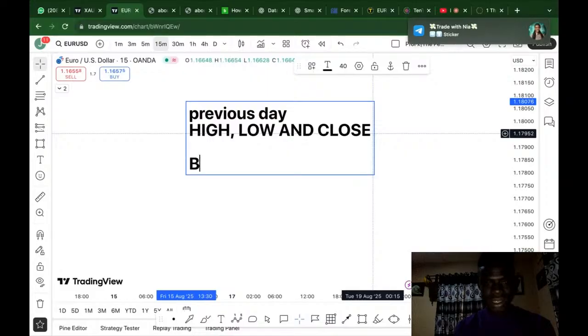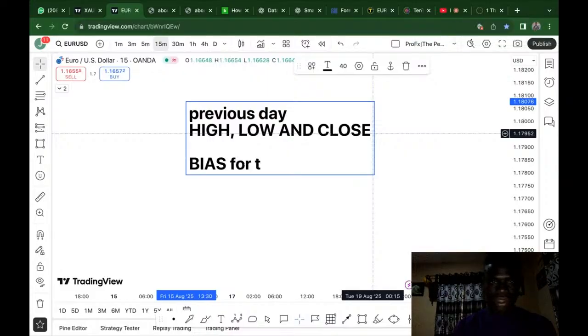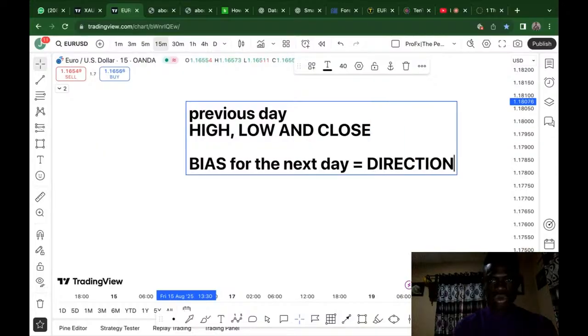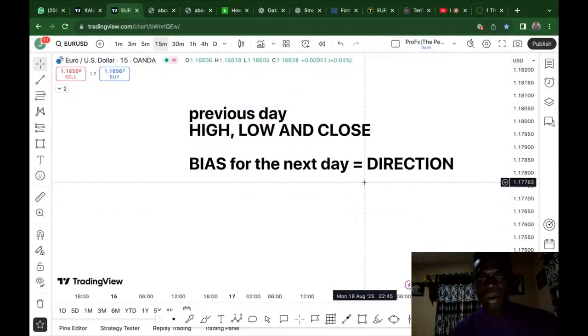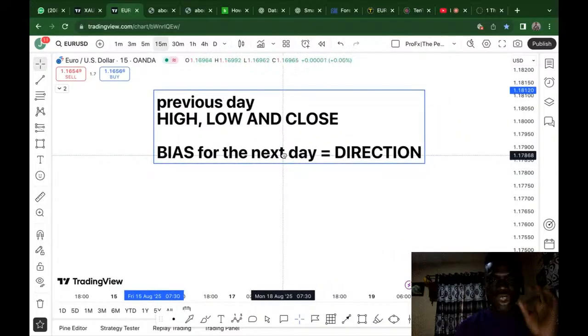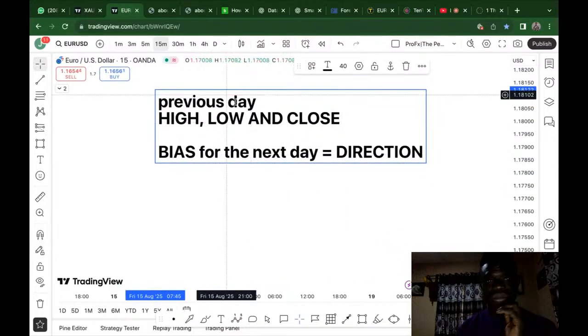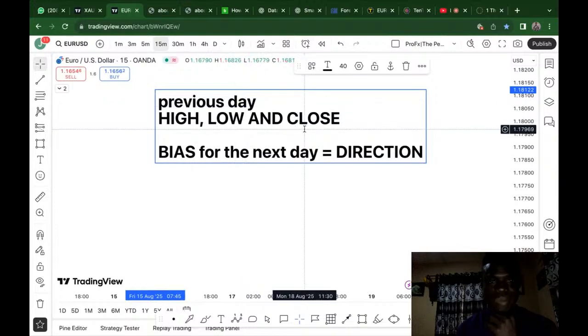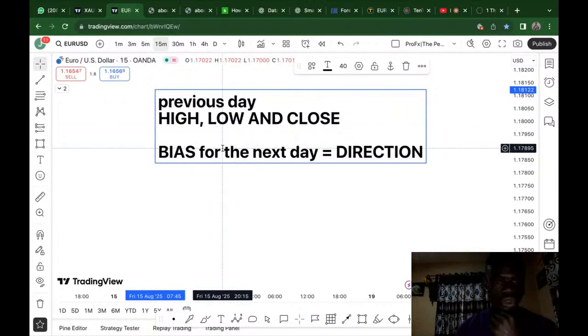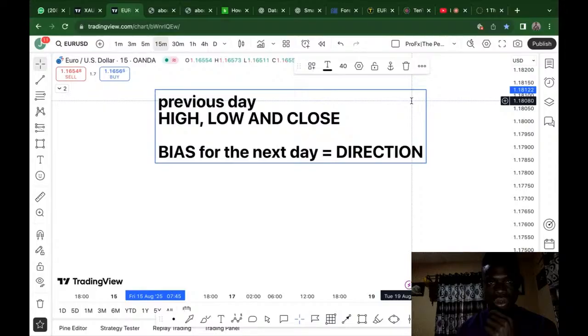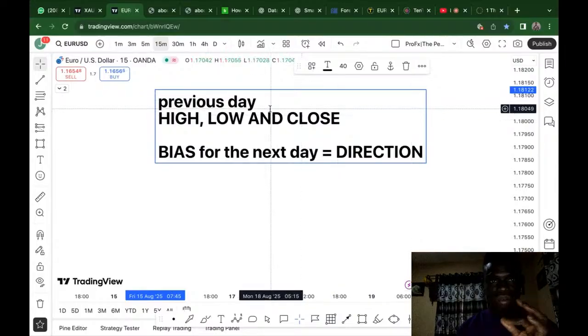For buyers to have a bias for the next day, which is direction.